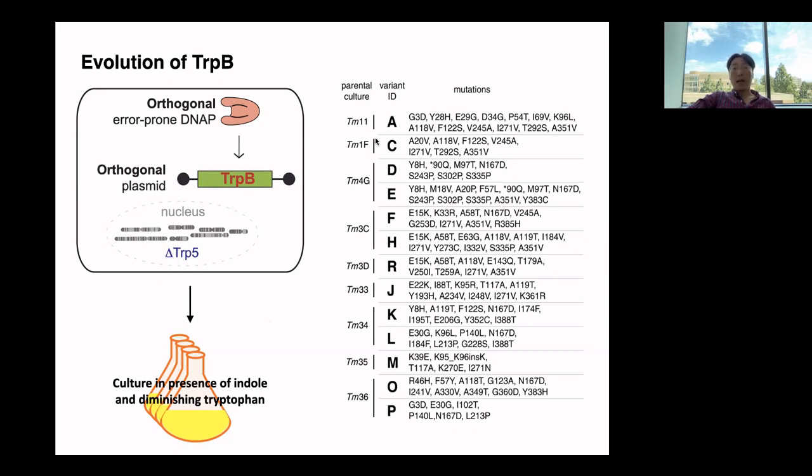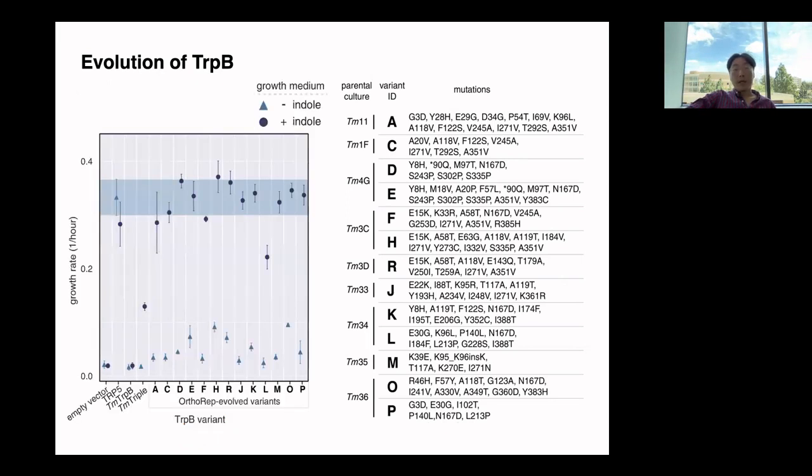And over time, what happens is you accumulate many mutations. And as far as we have characterized, these mutations are all helping the TrpB that we evolved adapt to higher catalytic efficiencies for making tryptophan. And at least their growth effect can be shown here.